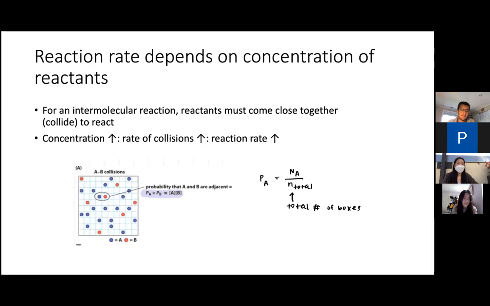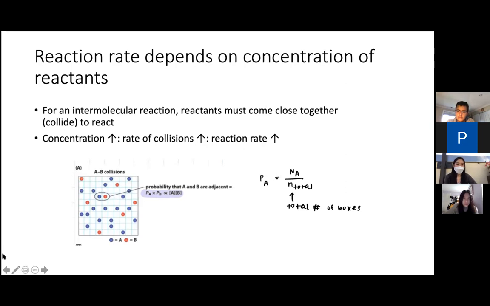So the rate also depends on the concentration of the reactants, because reactants have to come close together and collide in order to react. So the higher the concentration of your reactants, the faster they can find each other in solution, and the faster they can collide, and therefore the faster the reaction.